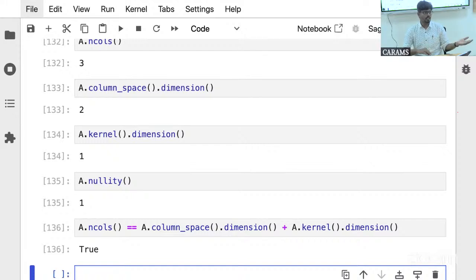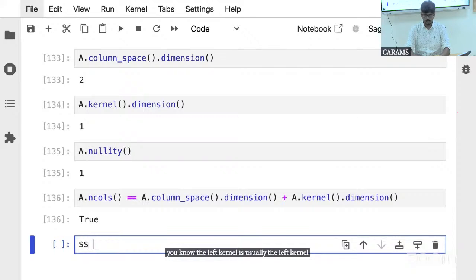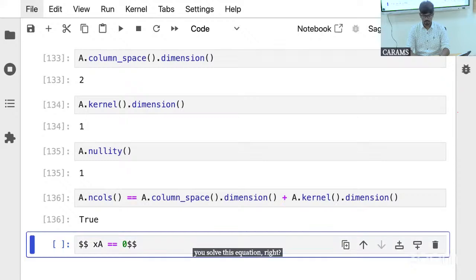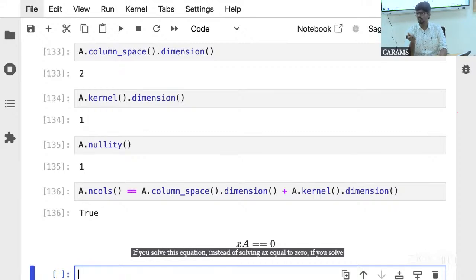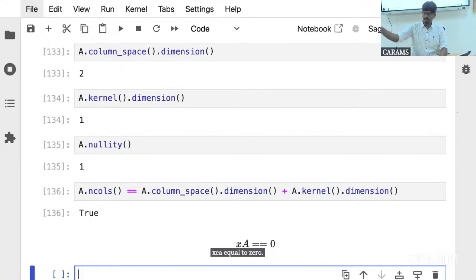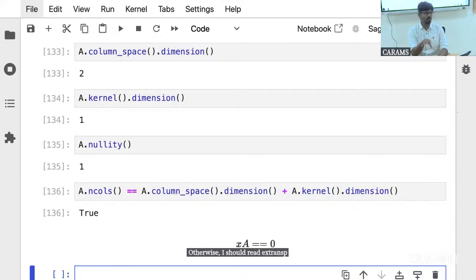You can also find the left kernel. You solve this equation: instead of solving Ax equal to 0, you solve xA equal to 0, keeping x as a row. Obviously, if you keep x as a column, that doesn't make sense; otherwise I should write x transpose.